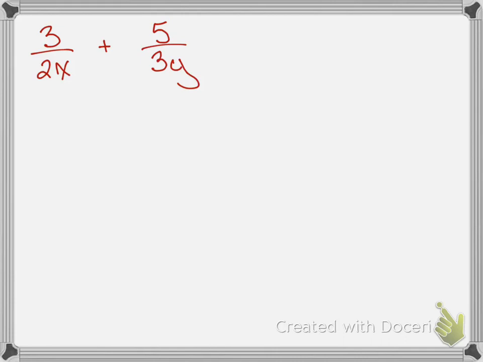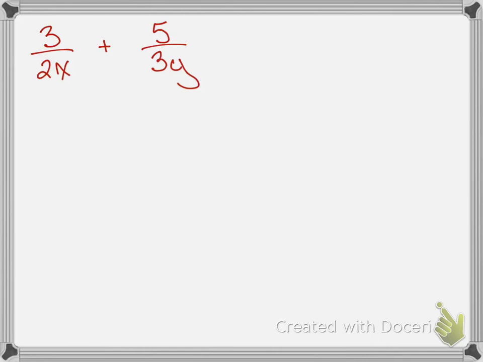So now, we are using that same principle here. So here we have 3 over 2x plus 5 over 3y. So my first step would be to break down those numbers in the denominator if I can.